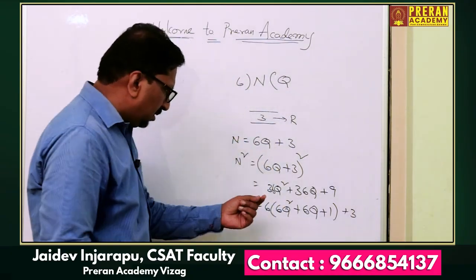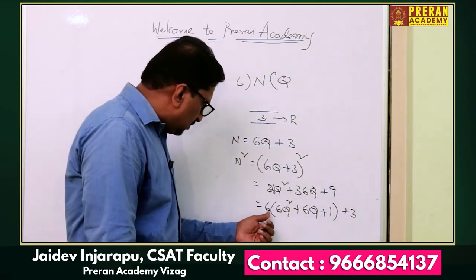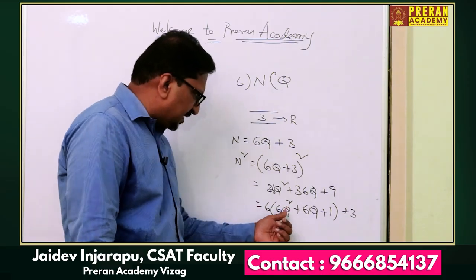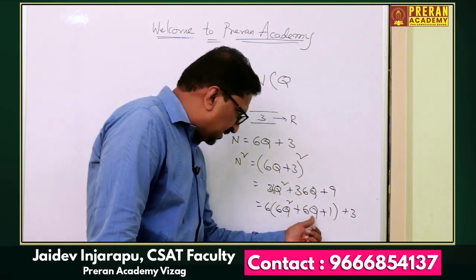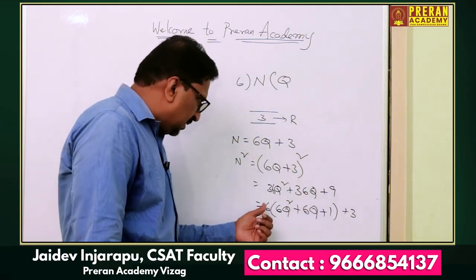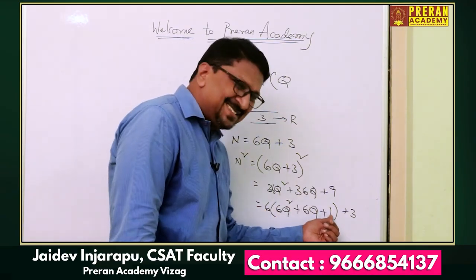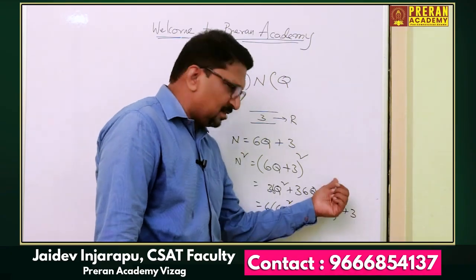Is it okay? If you have any doubt, you can multiply with 6. 6 into 6q square, 36q square. 6 into 6q, 36q. 6 into 1, 6, plus 3, 9.